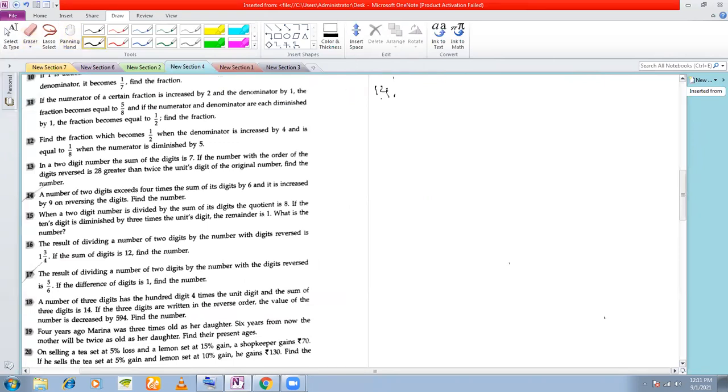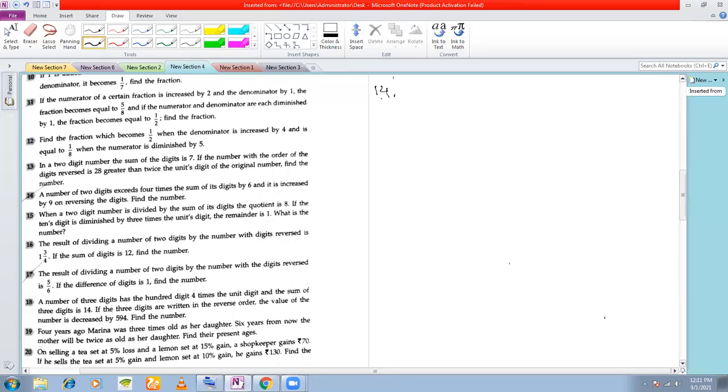The question here is a number of 2 digits exceeds, means is more than. Okay, the word exceed means is more than. A number of 2 digits exceeds 4 times the sum of its digits by 6. This is the first condition. This will give you your first equation.